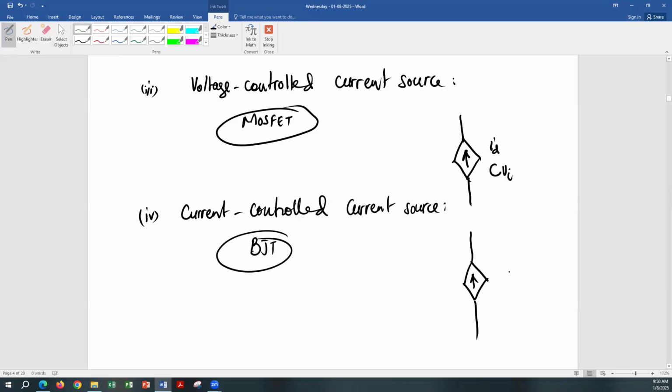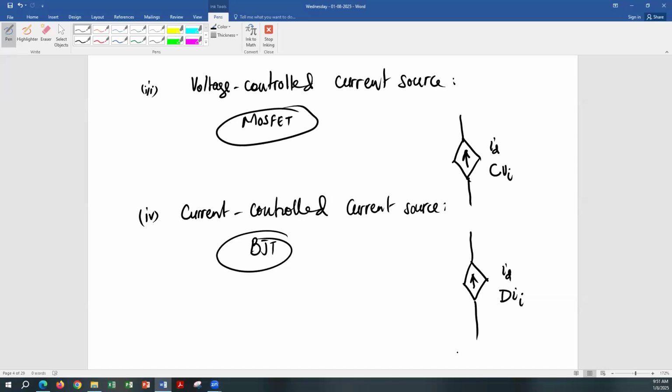So for the current controlled current source, again ID depends upon D times I input. BJT is an example. Base current controls the flow of current from collector to emitter. So these sources are dependent sources.